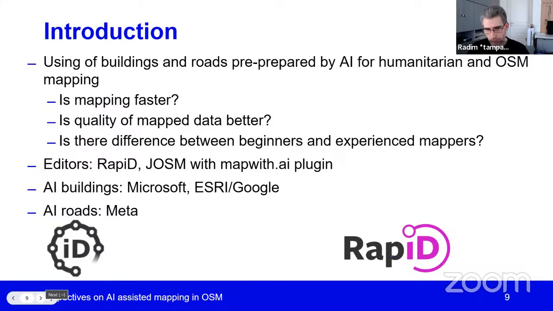Both Rapid and JOSM with the plugin offer mappers pre-prepared roads and buildings made by AI. Buildings are pre-prepared by Microsoft and partly also by Google and Esri, and roads are pre-prepared by Meta.